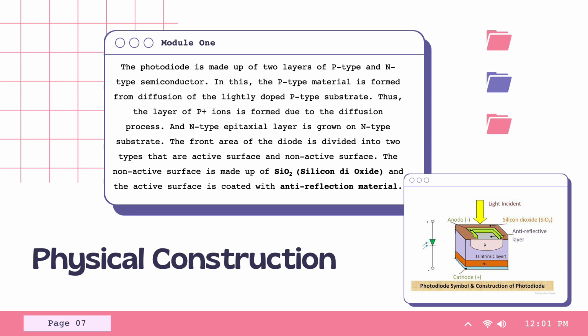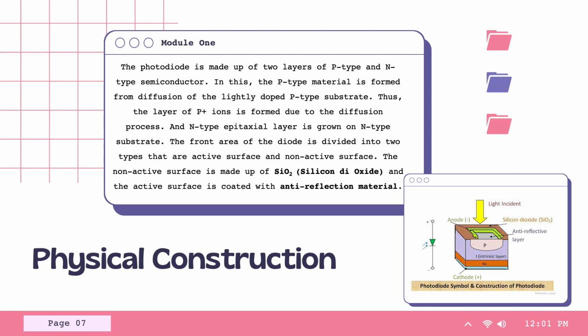The front area of the diode is divided into two types that are active surface and non-active surface. The non-active surface is made up of silicon dioxide, and the active surface is coated with anti-reflection material.